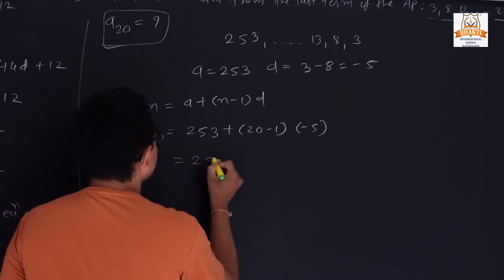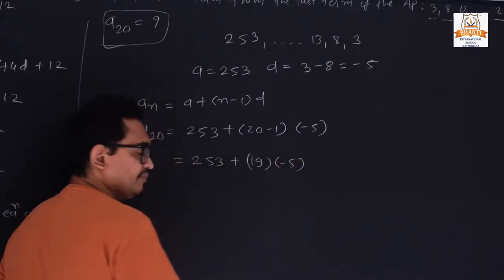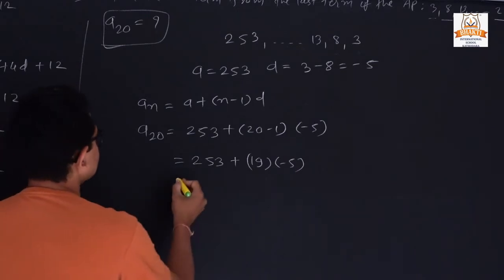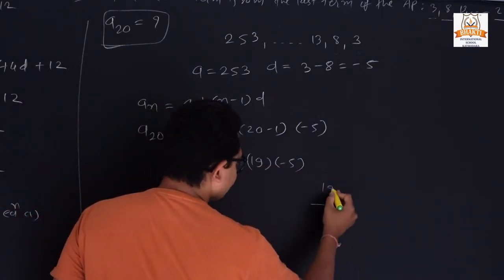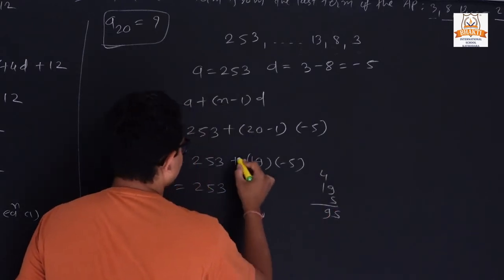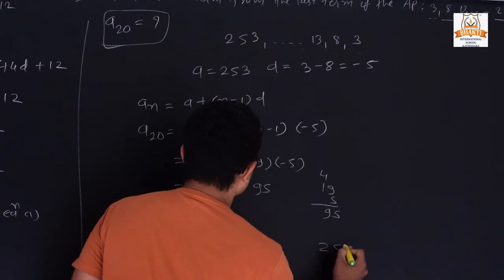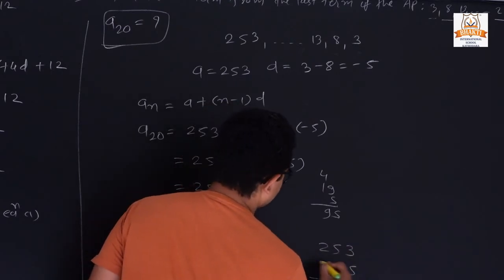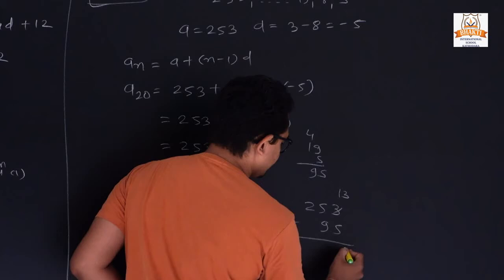So 253, 19 into minus 5. So 19 5s are 95. So it is 95, and plus times minus becomes minus. So now 253 minus 95.